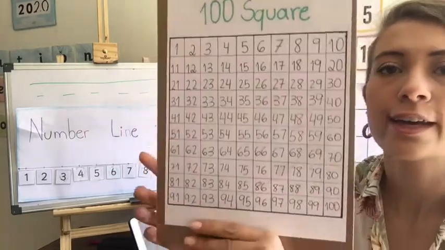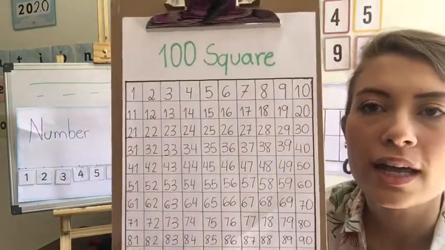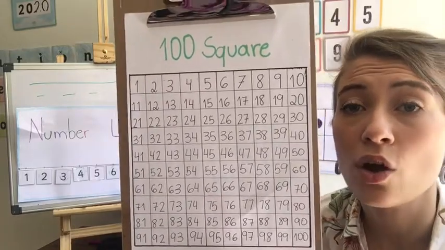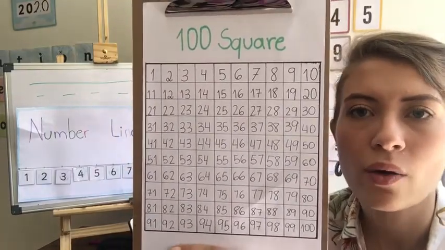And then here we can have a look at this 100 square, and we can find a lot of information about many numbers.